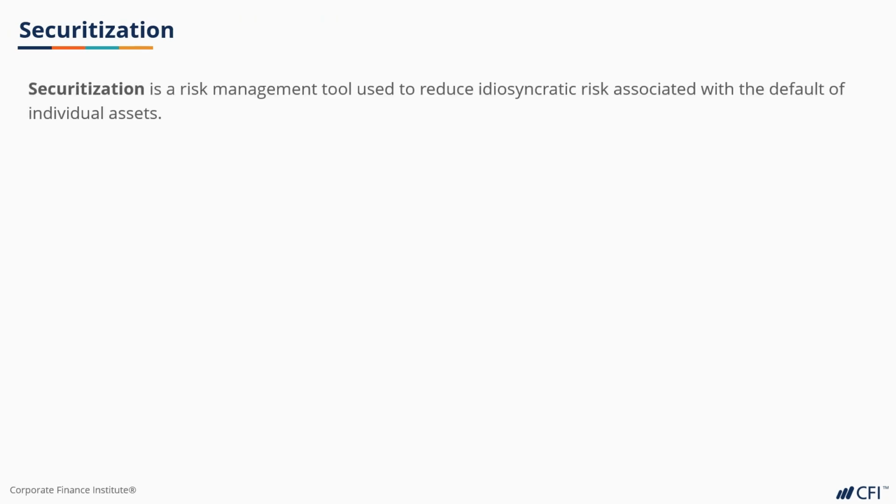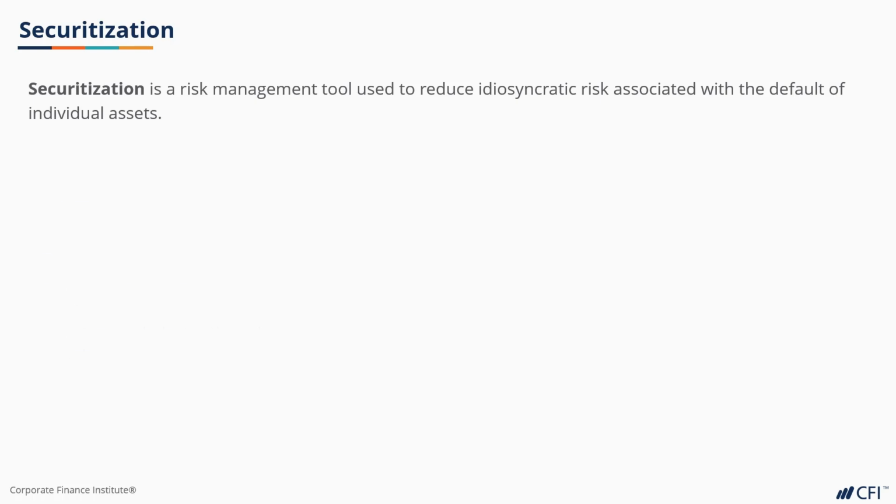Securitization is also a risk management tool used to reduce idiosyncratic risk associated with the default of individual assets. Banks and other financial institutions use securitization to lower their exposure to risk and to reduce the size of their overall balance sheet. The securitization process is broken down into two steps.